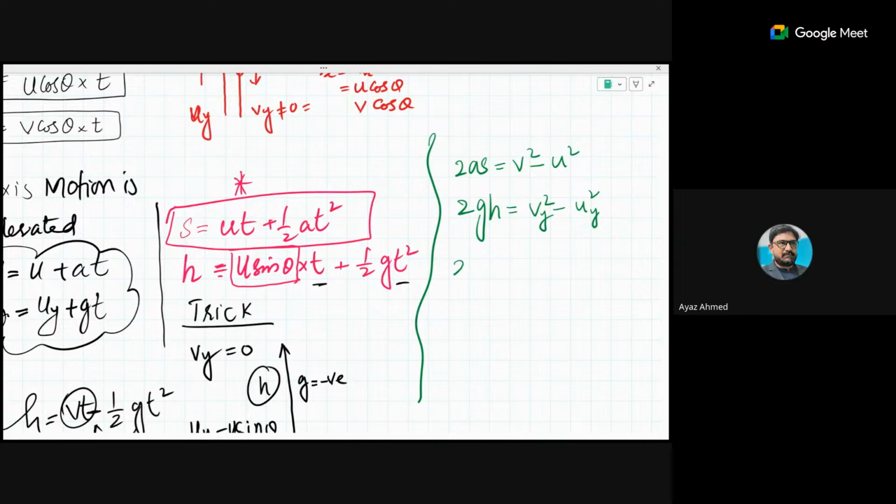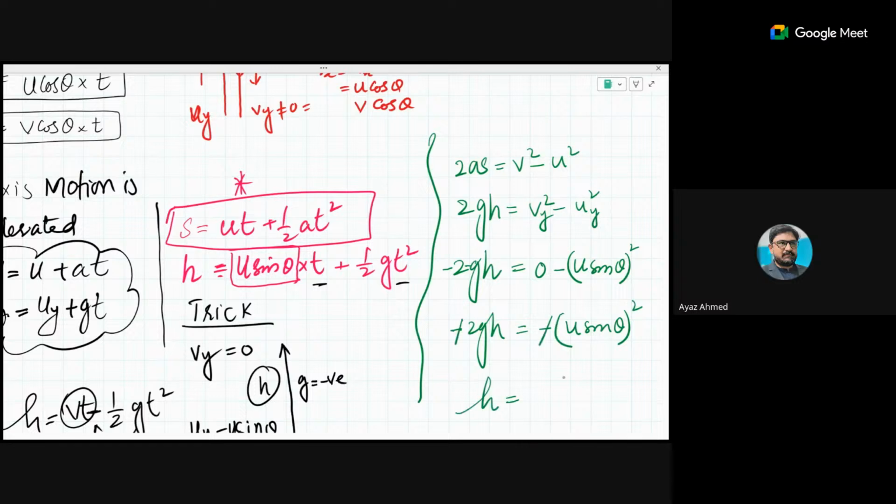So you can simply say 2gh is equal to, if this is 0, then it is u sine theta whole square, and definitely in upward motion this acceleration would be taken as negative. So minus 2gh is equal to minus u sine theta whole square. So that would be gone, and you can again calculate height by this formula, u sine theta whole square divided by 2g.